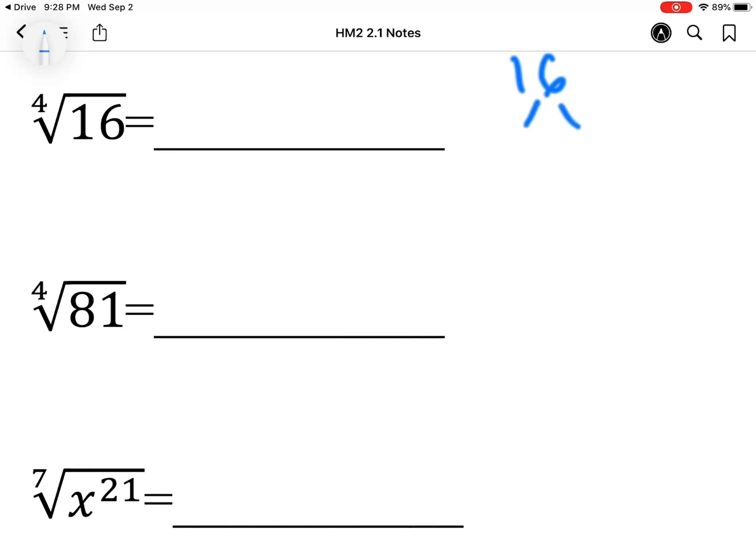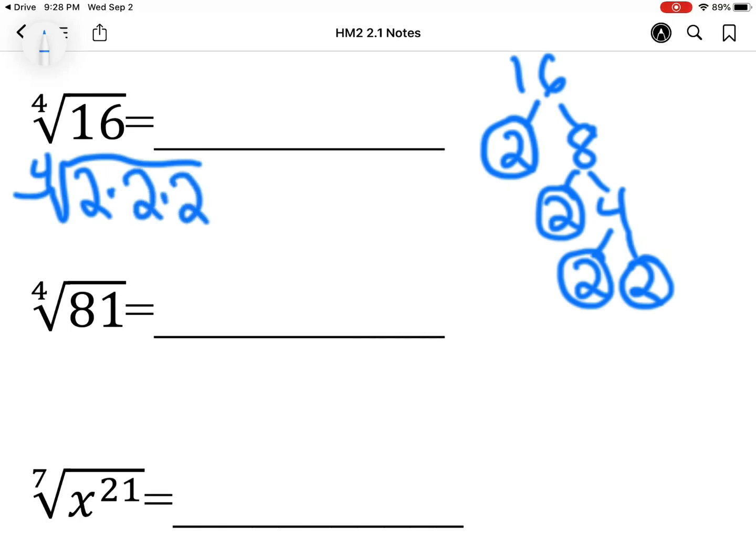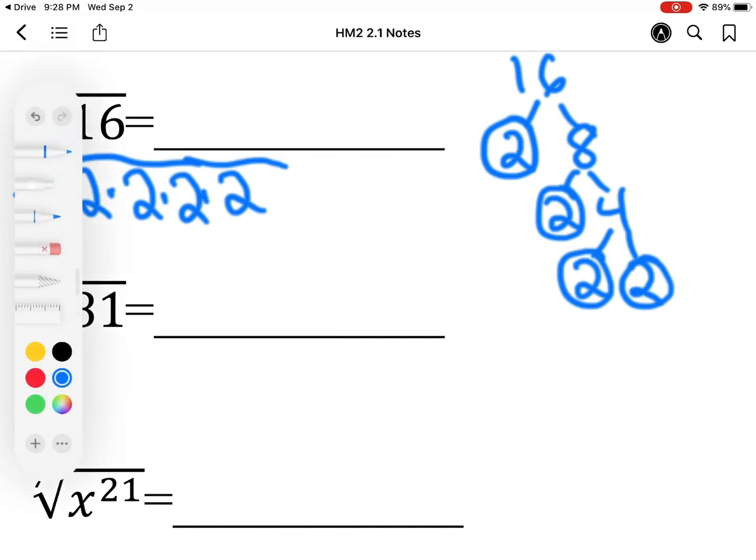So I've got 16. What times what is 16? 2 and 8. 2 is prime, 8 is not, so I'm going to keep going. 2 times 4. 2 is prime, 4 is not. 2 times 2, my 2's are prime. So underneath my radical, I have 2 times 2 times 2 times 2.